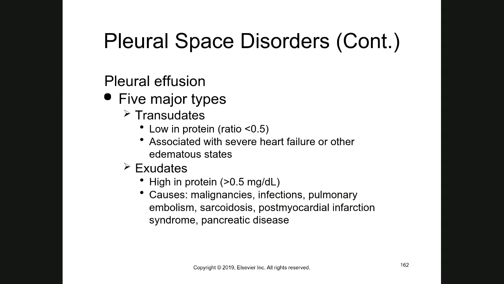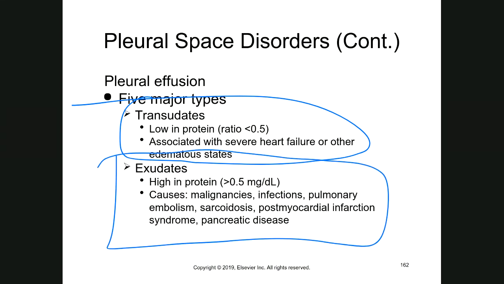Now, jumping to pleural effusions, we have 5 types of them: transudate, exudate. The transudate is low in protein and is associated with severe heart failure or edematous states. Very interesting. Now, in the test, somebody else will get a question regarding the exudate.